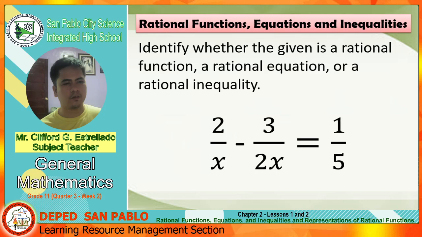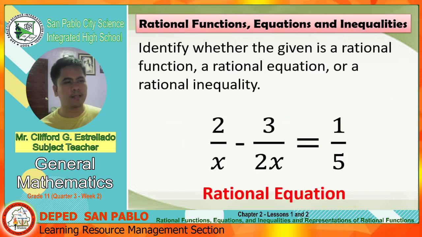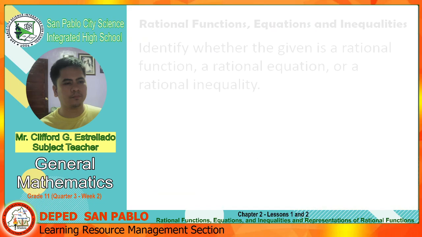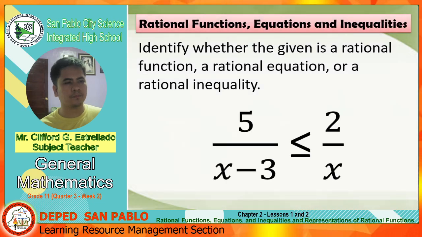Okay? So, it is a rational equation. On the left side of the equation, we have rational expressions, and on the right, we also have a rational expression. Okay? Next, about this one. 5 over x minus 3 is less than or equal to 2 over x.